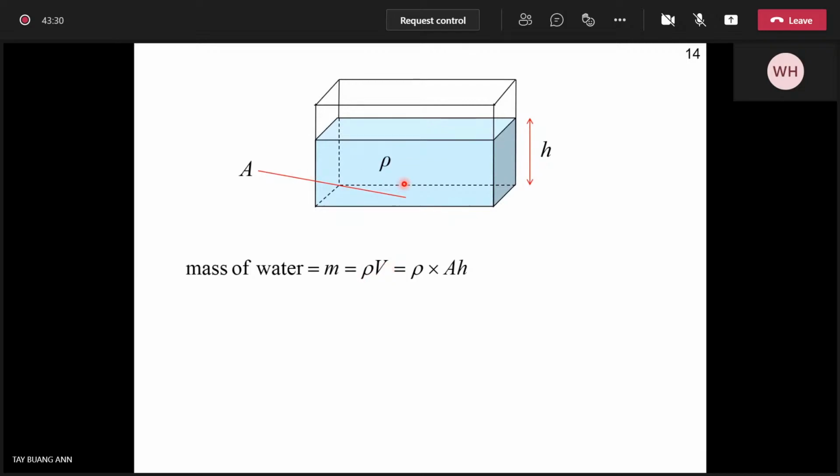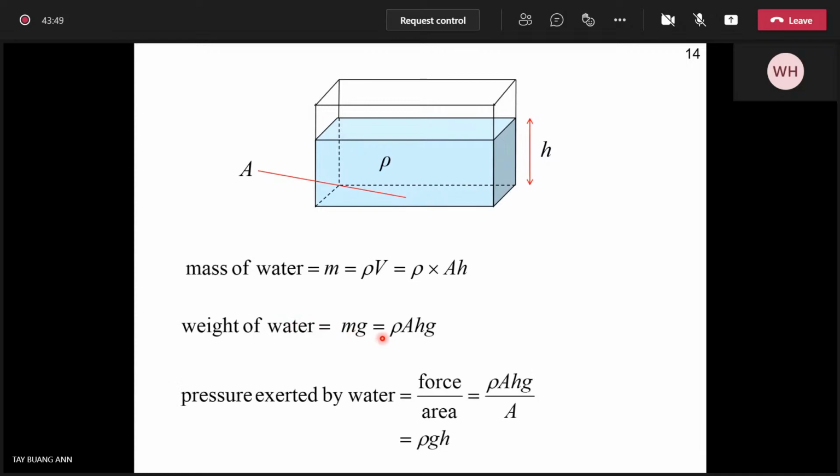So from here, the volume is just the area times the height. Then we use the idea of the pressure. The general definition is the force divided by the area. So the weight of water is just mg, and then we divide by the area, and we get this rho gh.